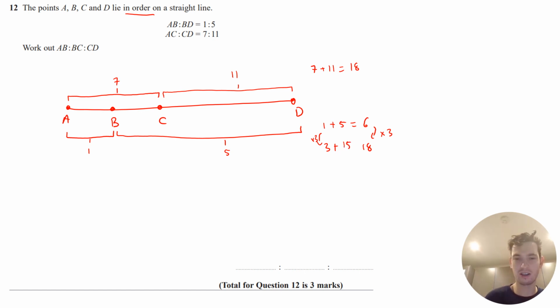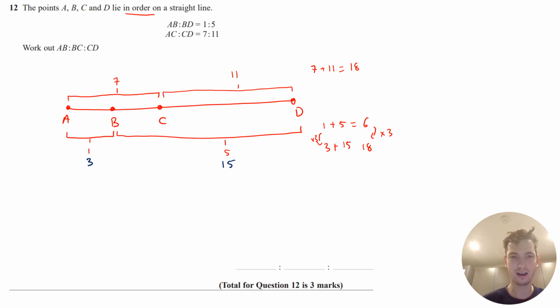So I'm actually just going to use a different color pen. So 1 to 5, that is the same as 3 to 15. So I haven't changed the ratio, but what I've now done is I've made the distance from A to D the same in both, which is 18.